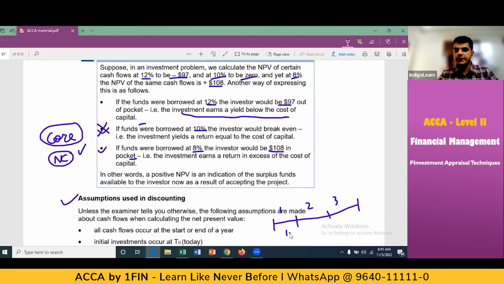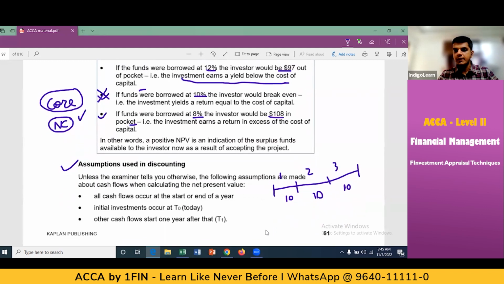Here we have received 10, 10, 10. The investment right now is, suppose, minus 15. Now you are asked to calculate NPV. I have told you, please calculate NPV, whether we should go with this investment or not. 10% is the interest rate.